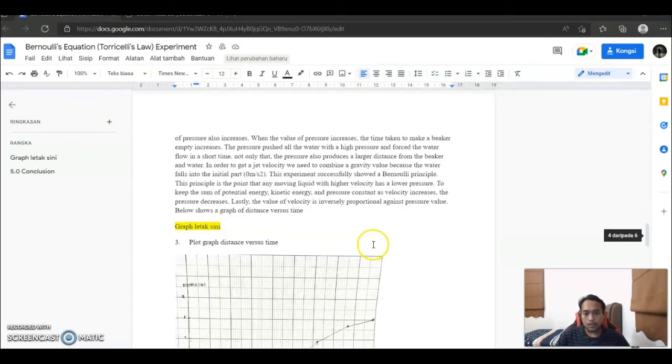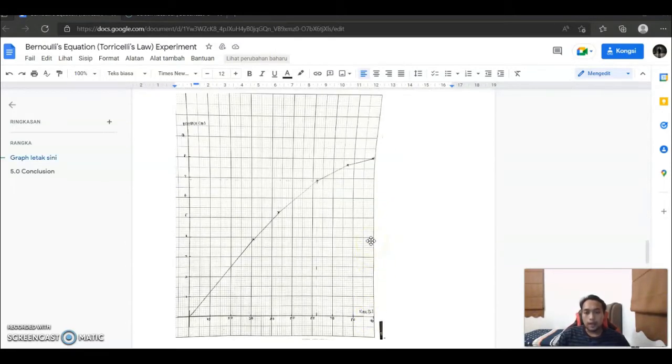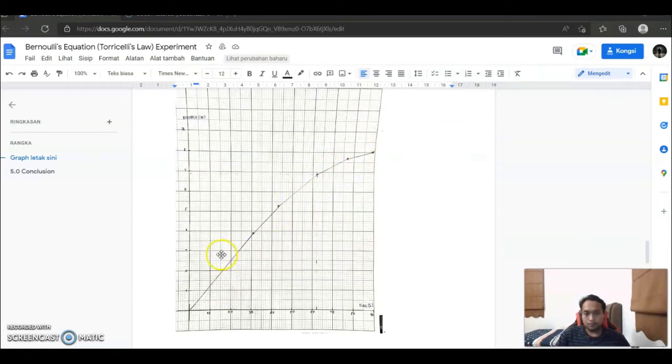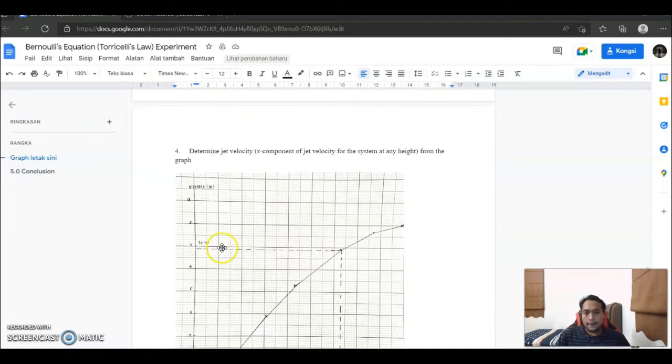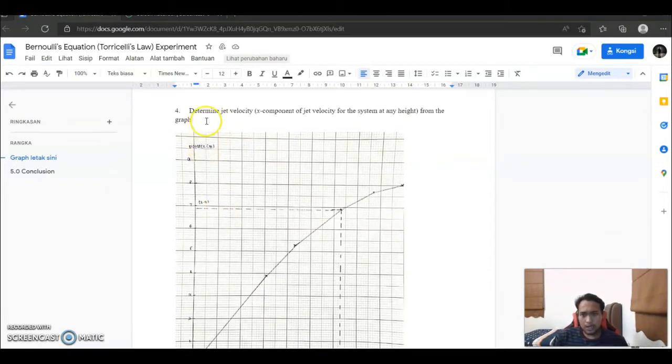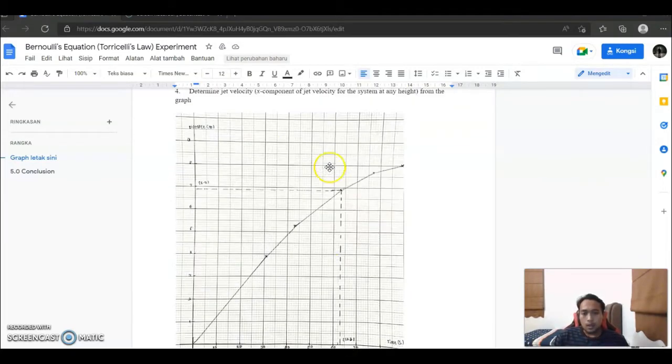Let's jump to the graph. This is the graph of distance versus time. We plot this. For question number 4, how do we determine the jet velocity from the x component?